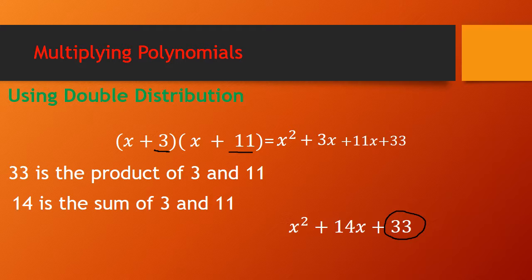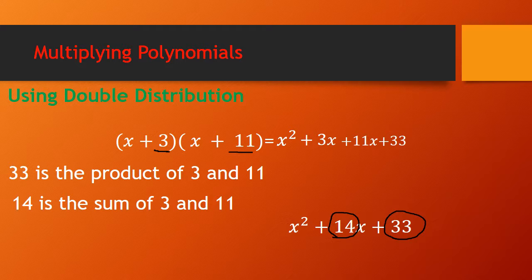And we can make another connection between the middle number in the trinomial and the numbers in the binomial, because 14 is the sum of 3 and 11.